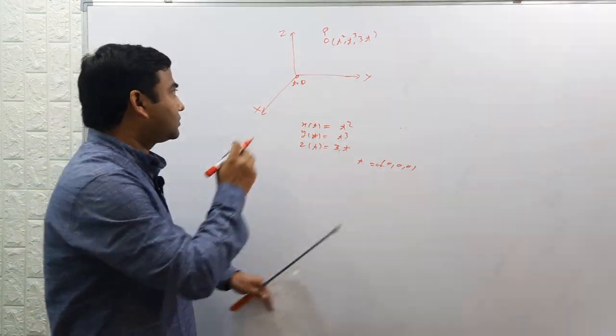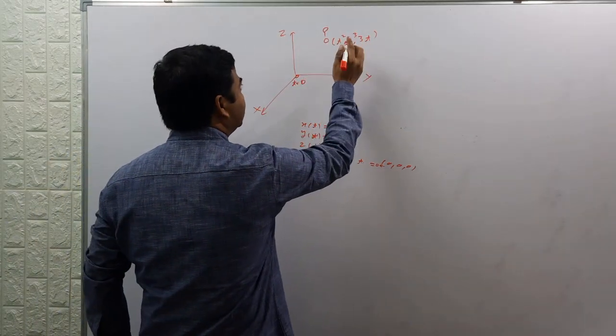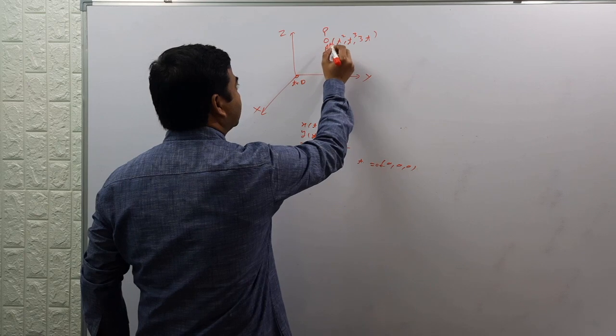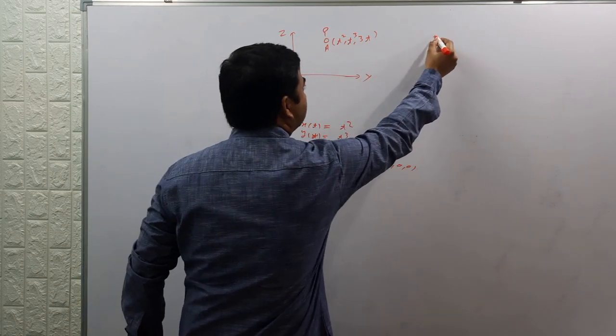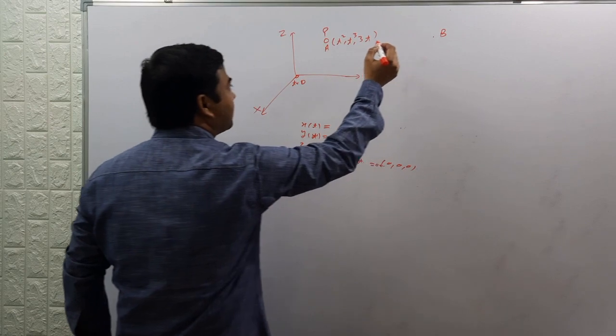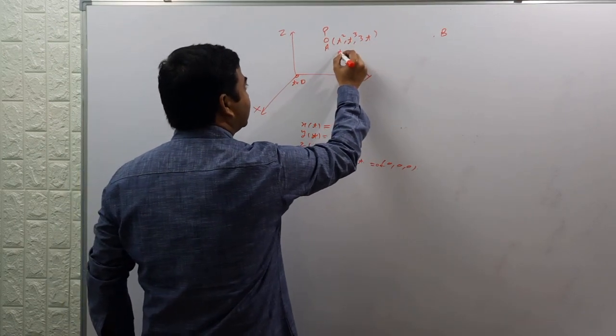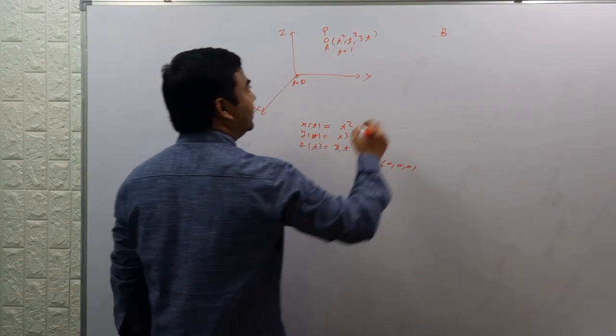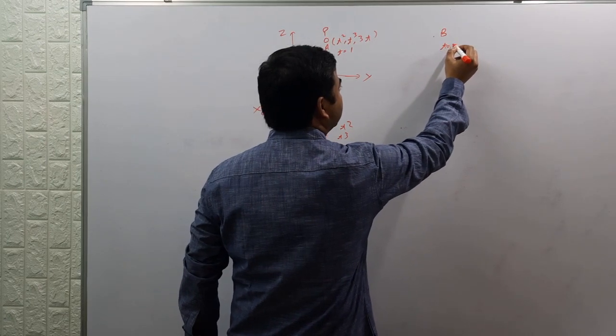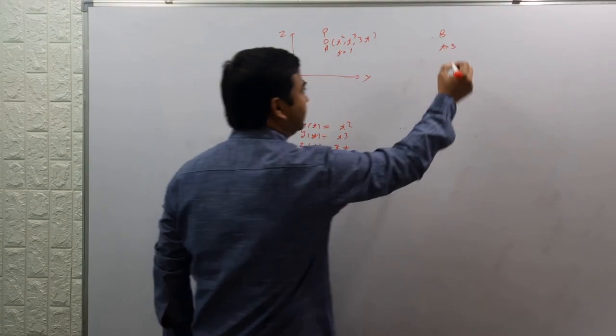So let this be point A and this be point B. A at t is equal to 1 and B at t is equal to 3.